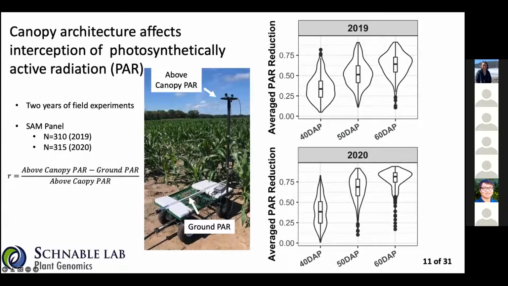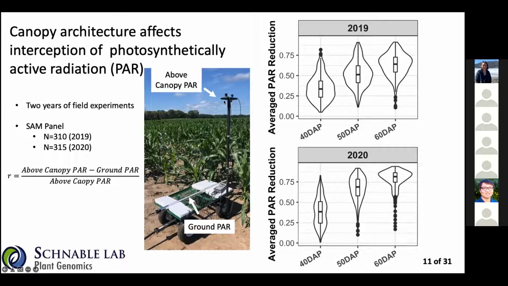So in order to test that, we collected the photosynthetically active radiation, PAR, in 2 years, 2019 and 2020, from the same diversity panel. Using this custom-built PAR collecting system, we have two LI-COR line sensors, or point sensors, mounted on top of a 6 feet tall selfie stick.